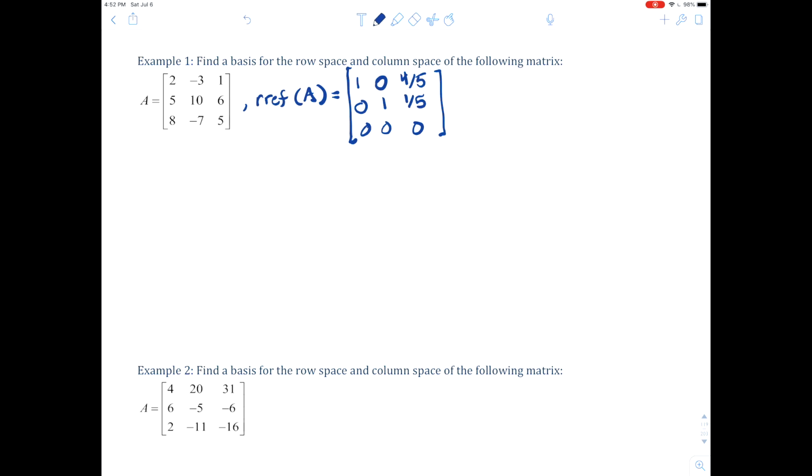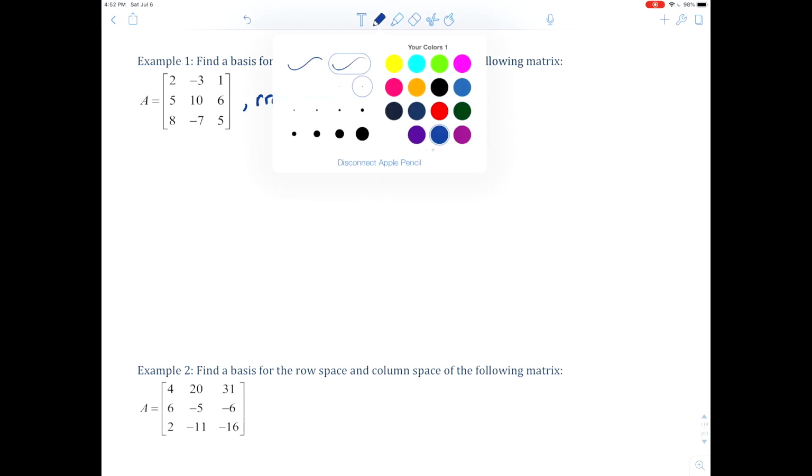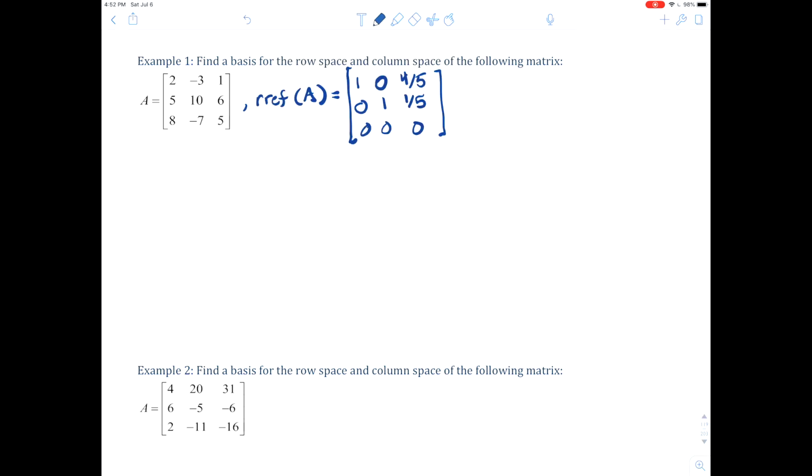All right, so to find the information about the rows, we have 3 rows in the reduced row echelon form, and one of them is a row of zeros.